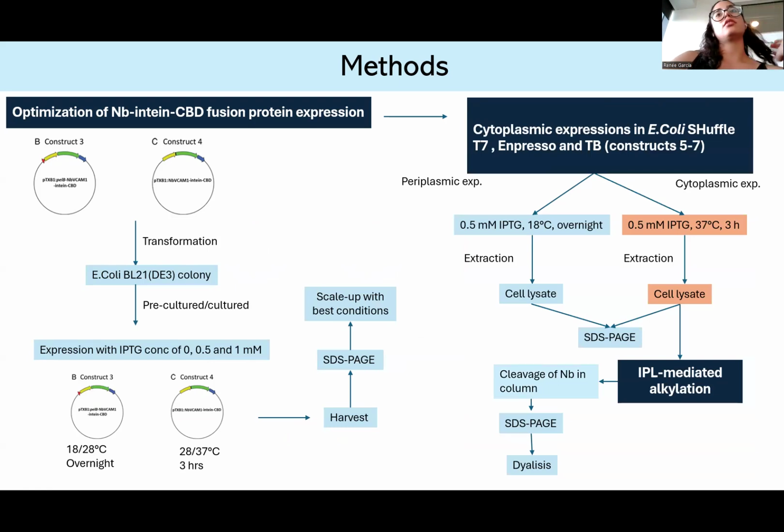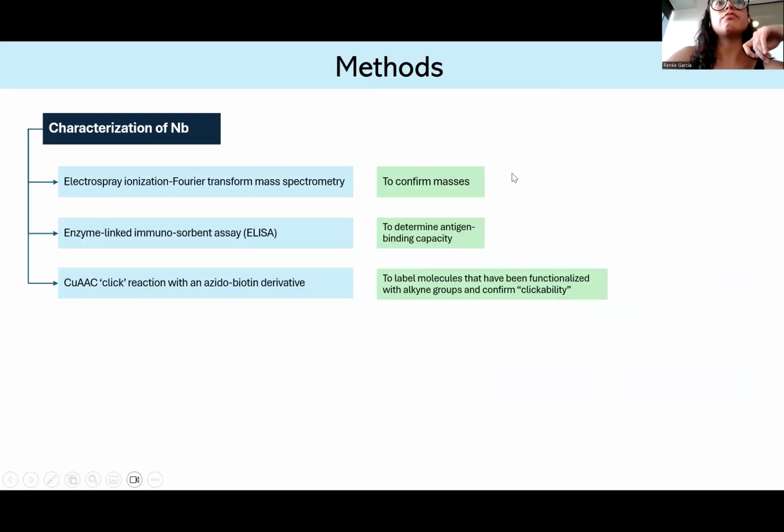And they do the same experiment, but by changing the E. coli strain and also the media. So they also do this in Overnight Express and TB.